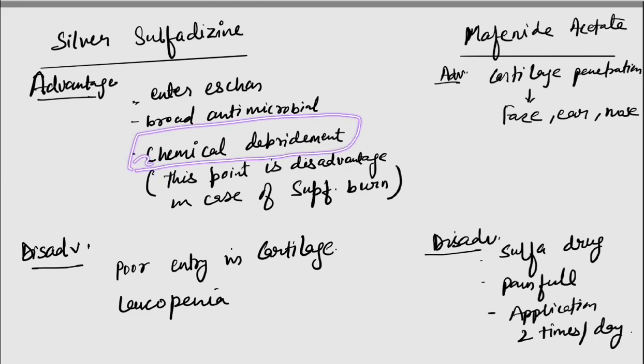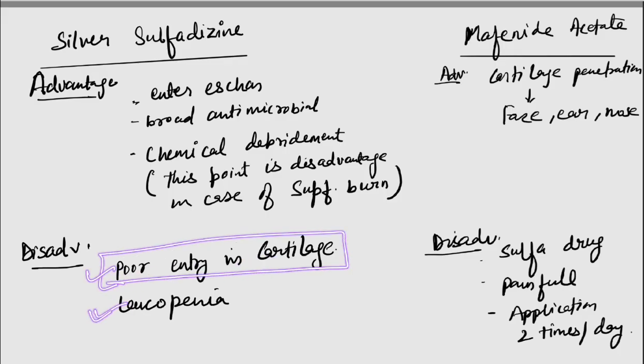It is advantageous, but this point is a disadvantage in case of superficial burn. Therefore silver sulfadiazine is not used in superficial burn because it will cause debridement and will cause more injury.